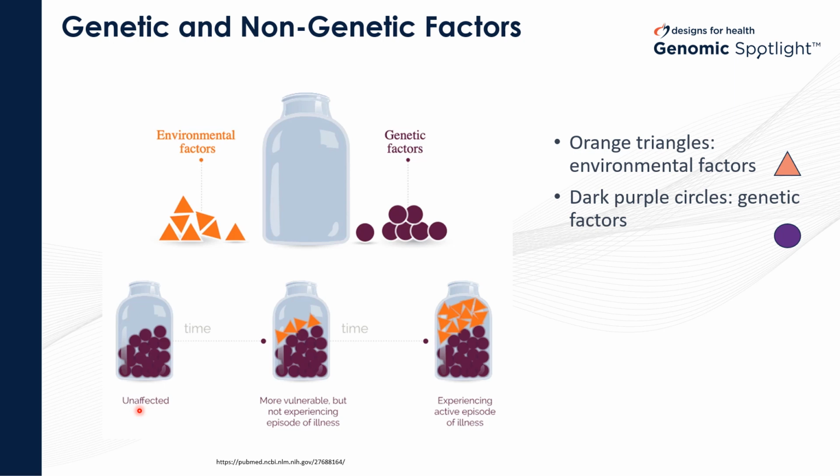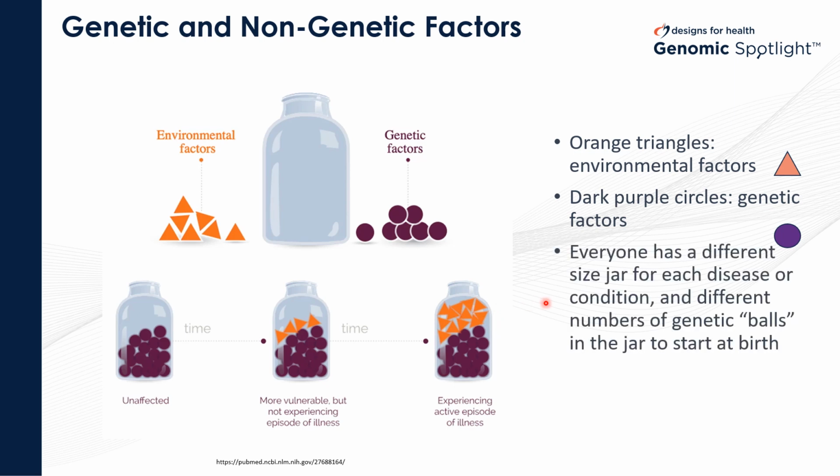And of course, the bigger the jar, the less chance you're going to have a certain disease. And as you can see, the genetic factors are the purple balls, and the further you go to the right, you can see the accumulation of orange triangles, and that is environmental conditions, factors, etc. And once the jar is full, that's when disease begins to manifest.